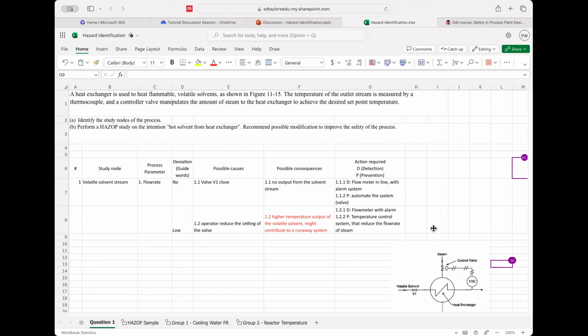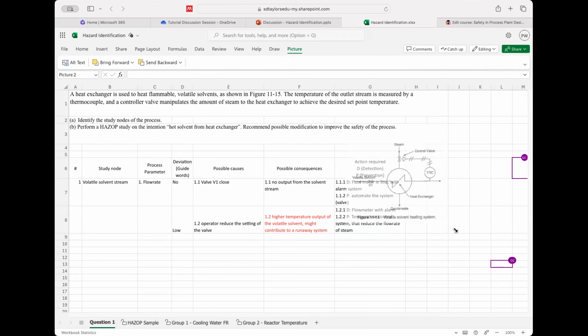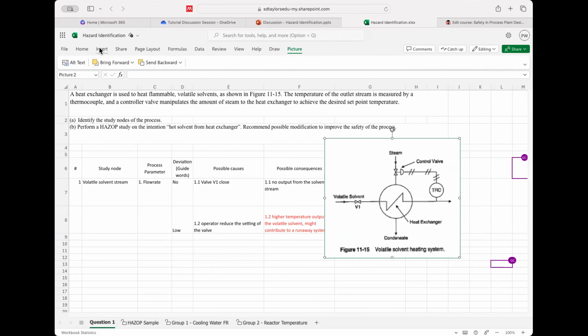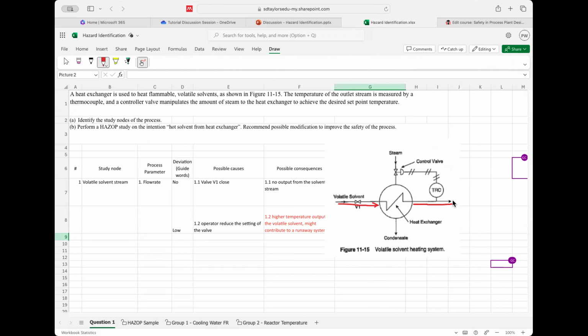If we take a look back at this one, when the stream comes in here at a lower temperature, the temperature going out would be increased.